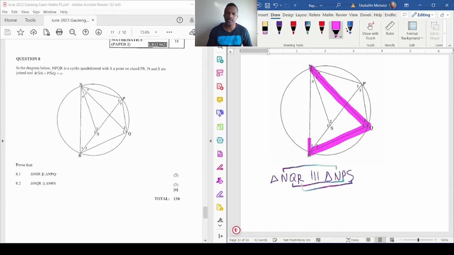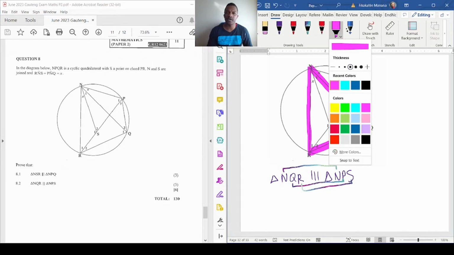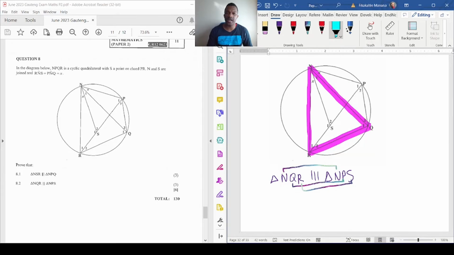Highlighters are very important when it comes to this topic, because you have to visualize and see these triangles that you're working with. The next one is NPS. So this triangle right there. Now let's see, can we prove these Ns?